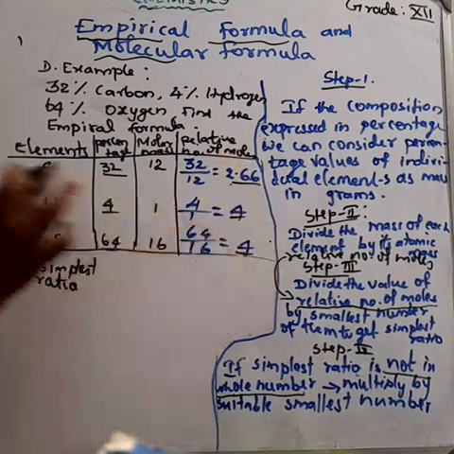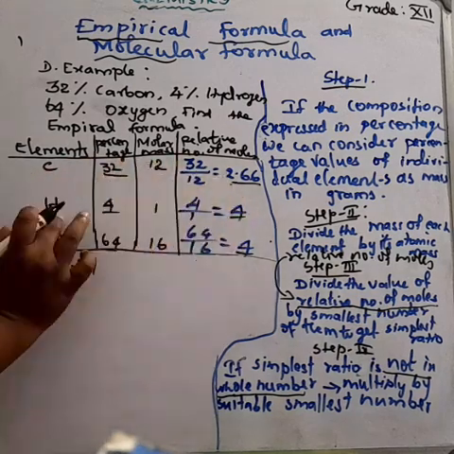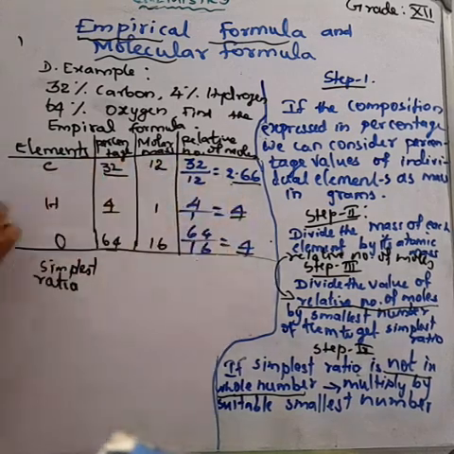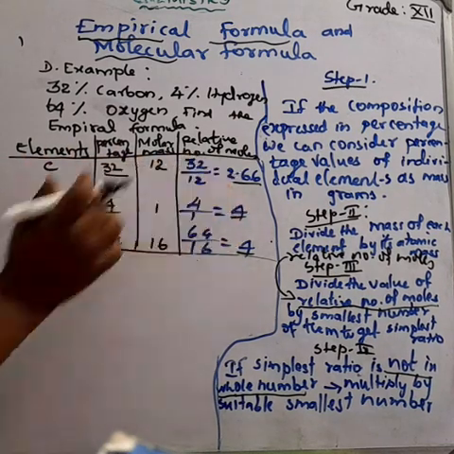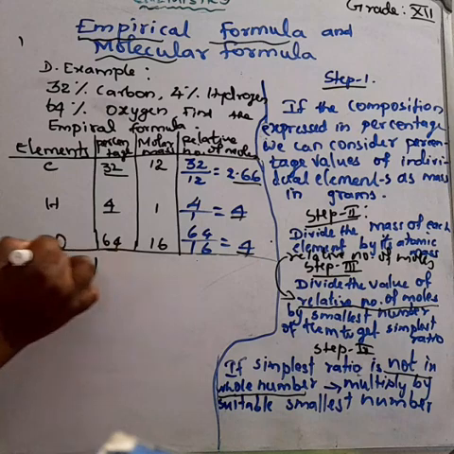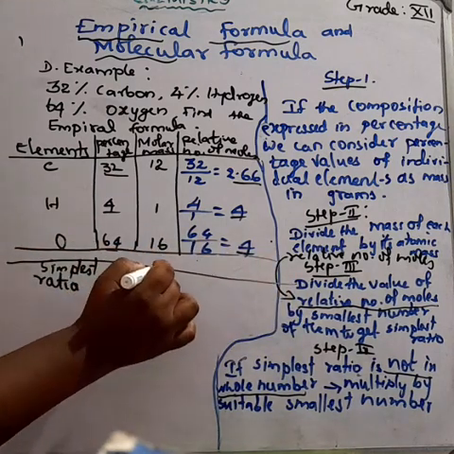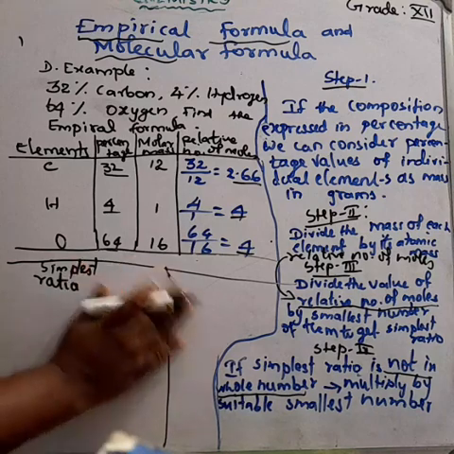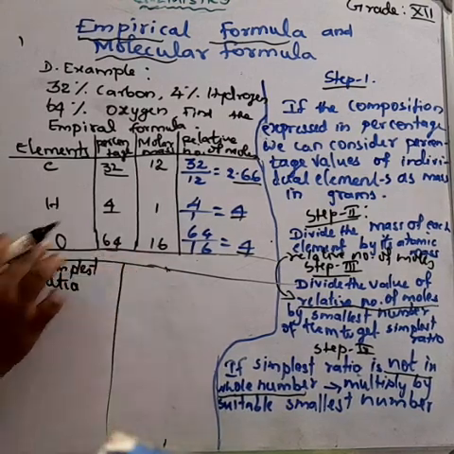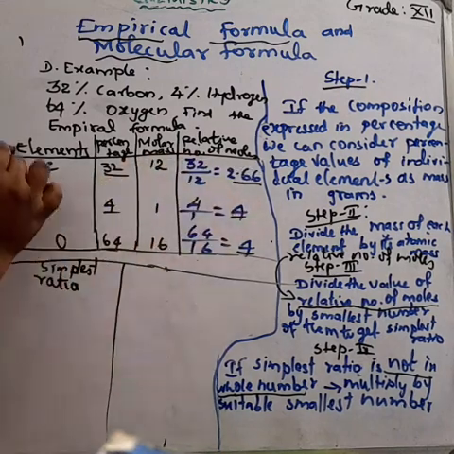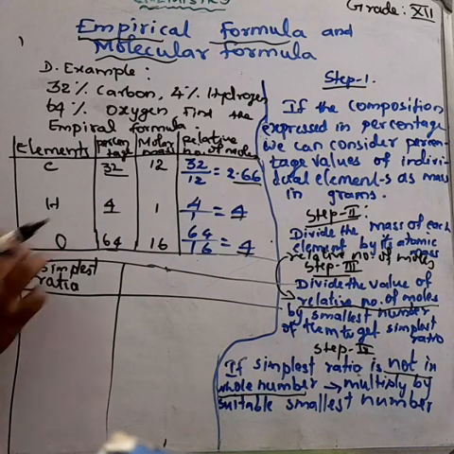The relative number of moles for carbon is 2.66, hydrogen 4, oxygen 4. Which one is the smallest? Carbon, 2.66. So we divide by 2.66 to get the simplest ratio.